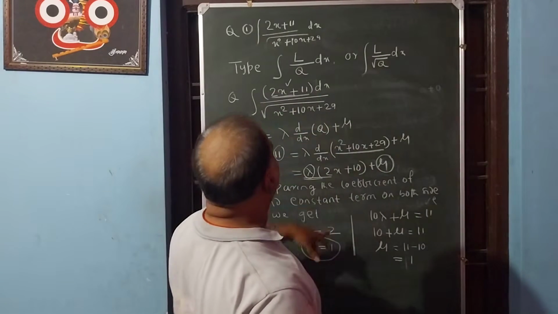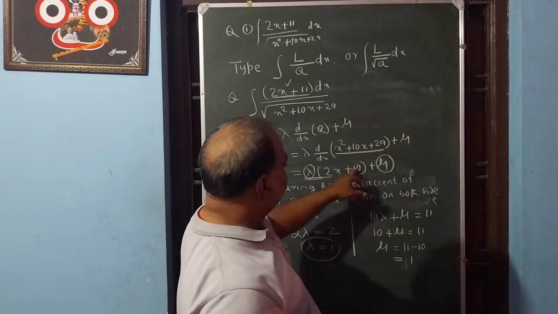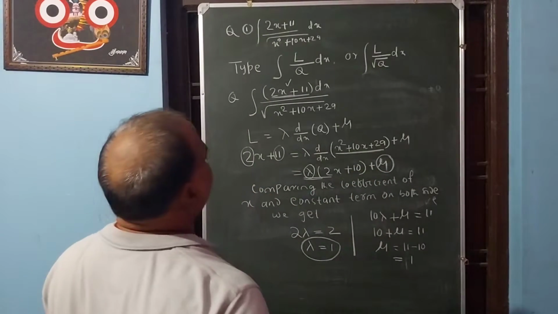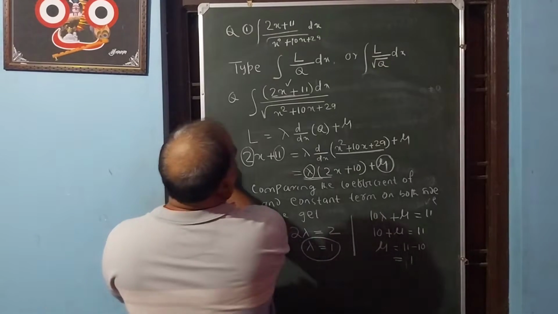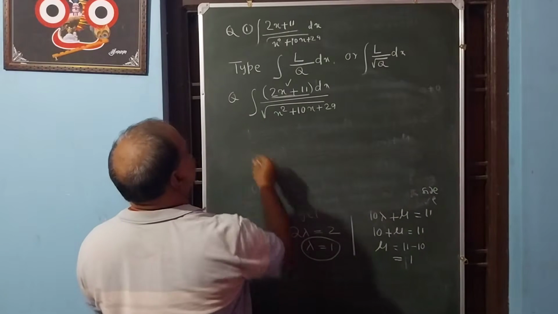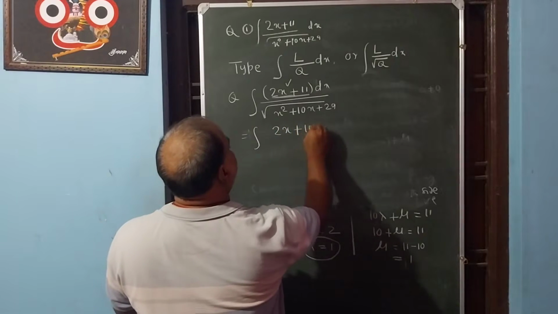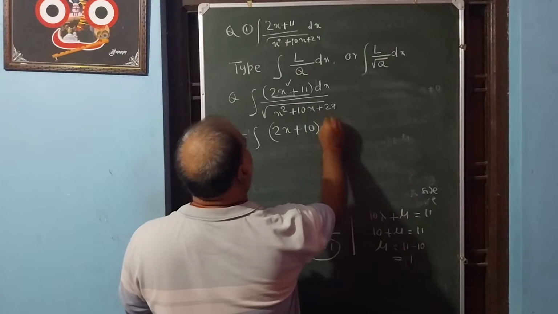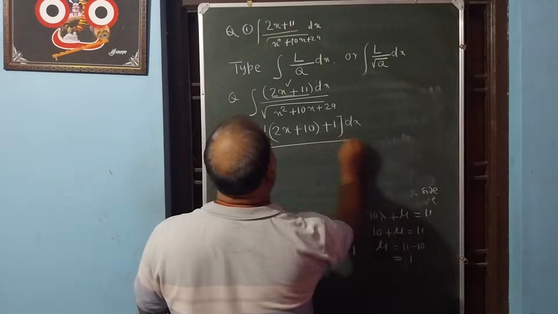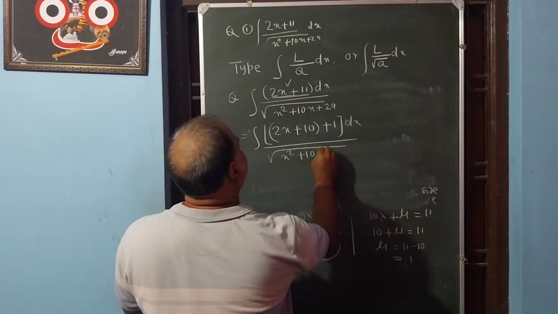So in the above integral, in place of 2x plus 11, we have to write 2x plus 10 plus 1. So now the integral becomes the integral of 2x plus 10 plus 1, whole into dx, divided by root over x square plus 10x plus 29.